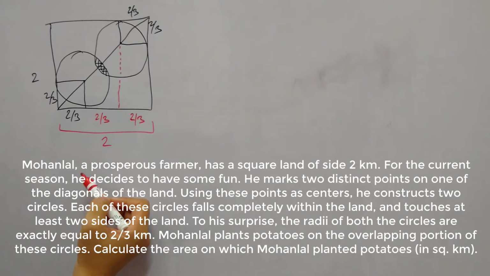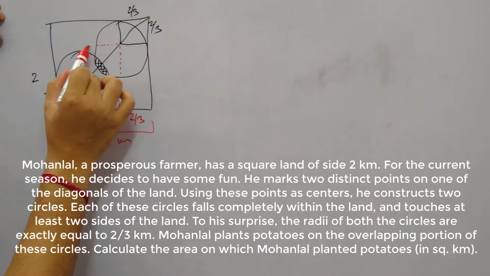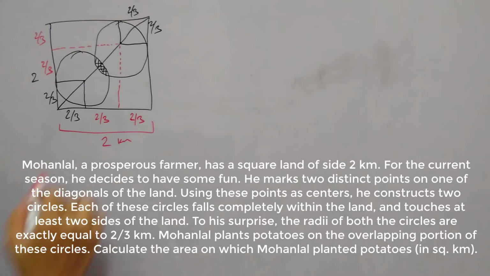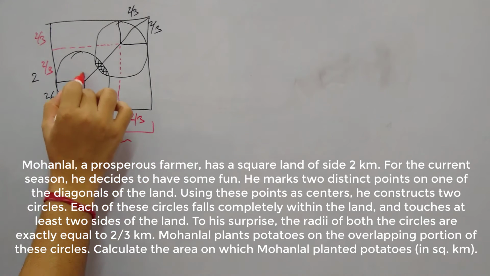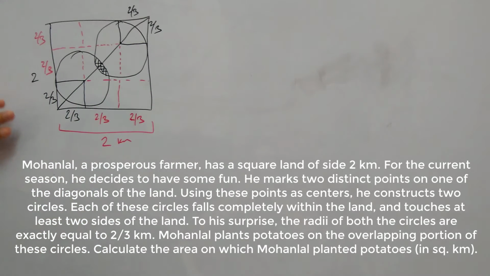So every part is 2 by 3, which sums up to 2 kilometers. The same thing will happen for the other side as well. So if we extend all these lines, then this entire square can be divided into 9 equal squares with sides 2 by 3.